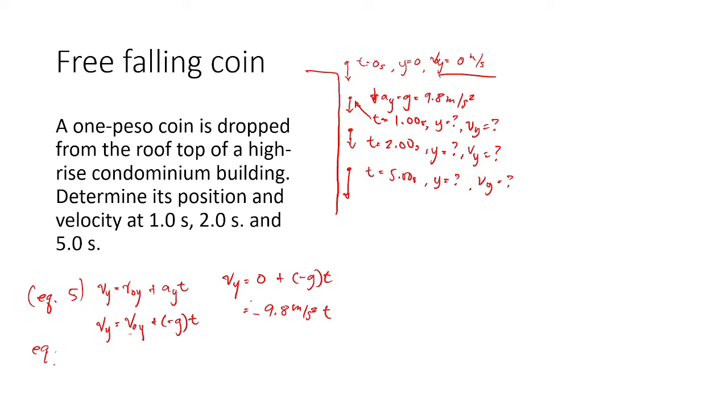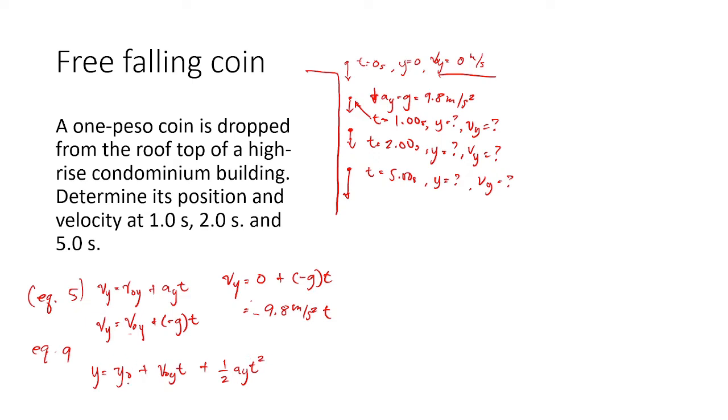And for our position, which is y, we'll be using equation 9, wherein y is equal to our initial position, y sub 0, plus our initial velocity v naught y times time, plus 1 half acceleration a y times t squared.